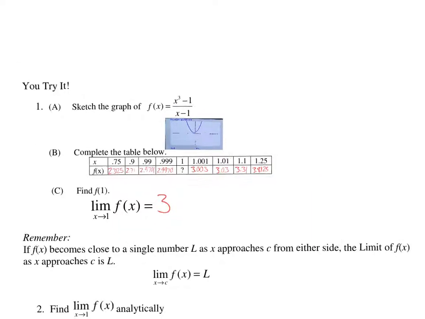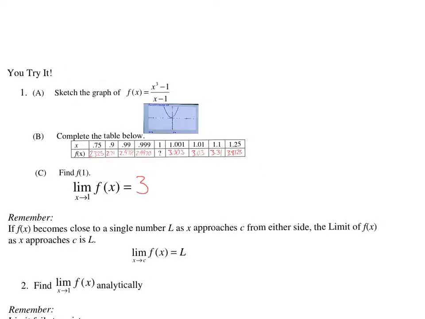Okay, so this brings us to our more formal definition of what a limit is. If f of x becomes close to a single number, and we'll call that number L, as x approaches c from either side, the limit of f of x as x approaches c is L. That's this notation right here.